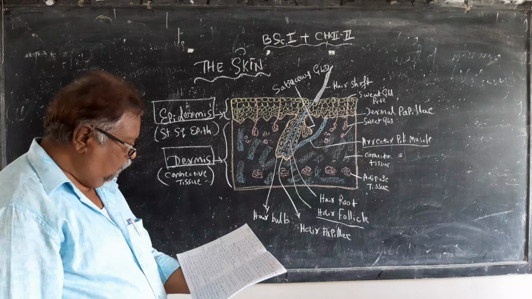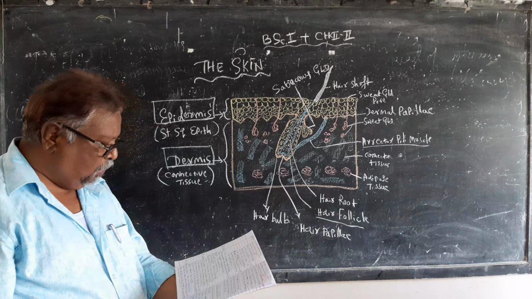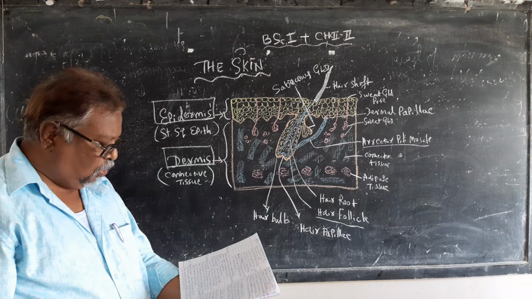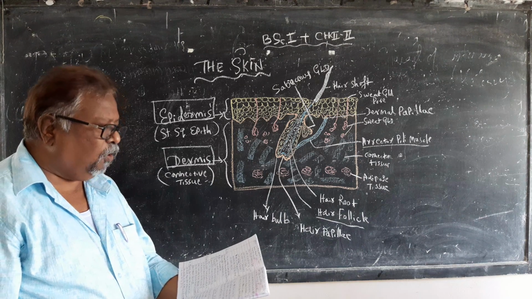Hair follicles are present in almost all parts of the body except palm and sole region. The glands consist of secretory epithelial cells derived from the hair follicles.